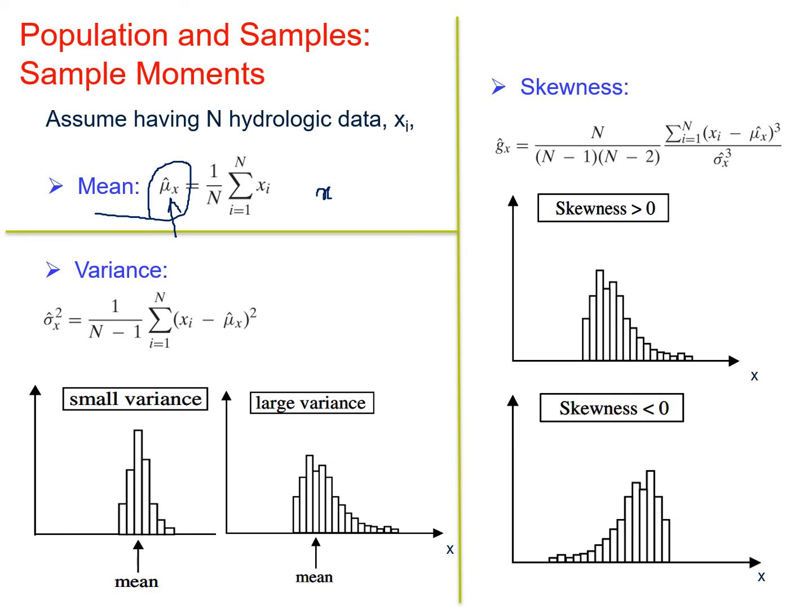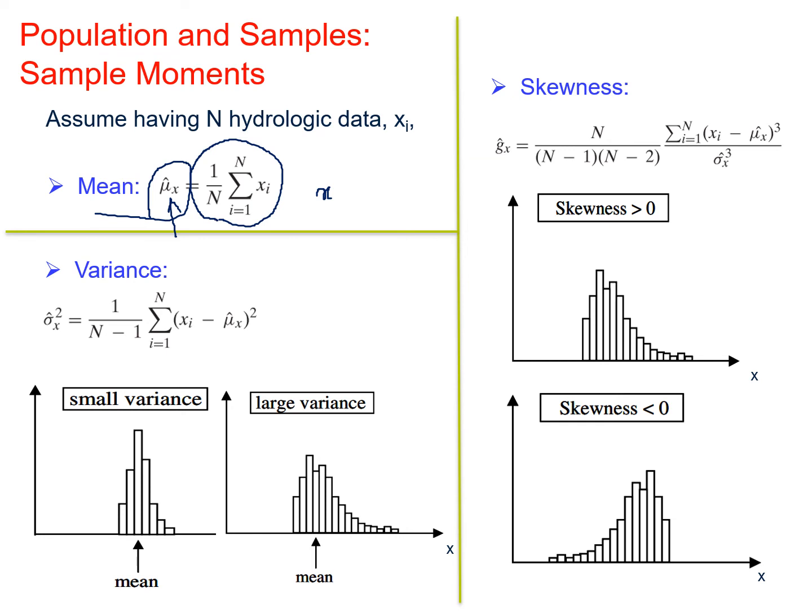What I'm trying to say is there are population data and sample data, and in hydrological analysis, whatever data you get is mostly sample data. And from those data, you can calculate the sample moments.